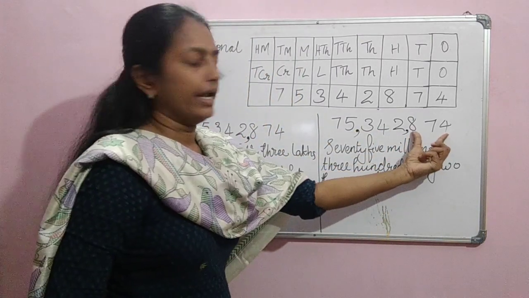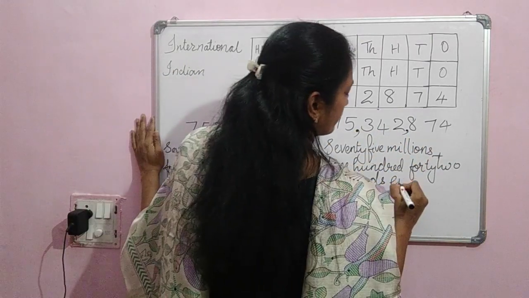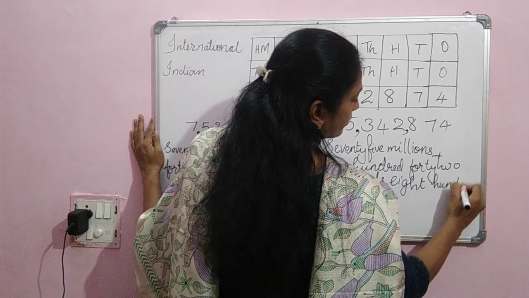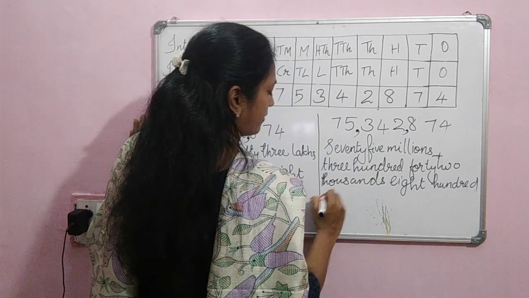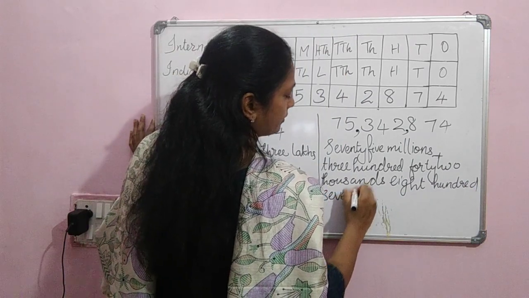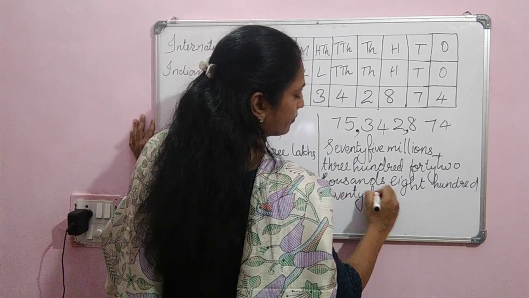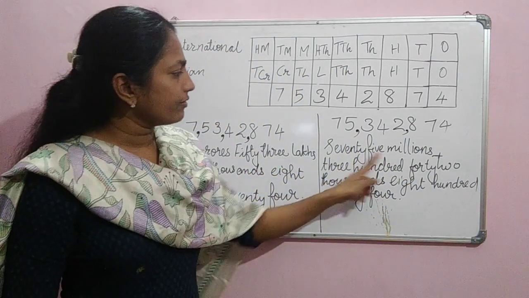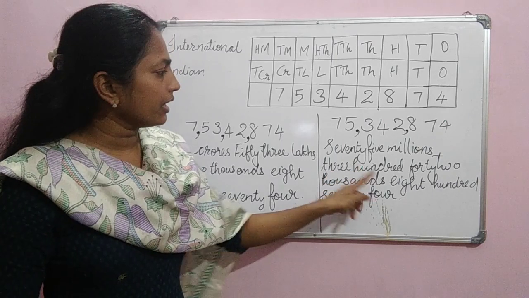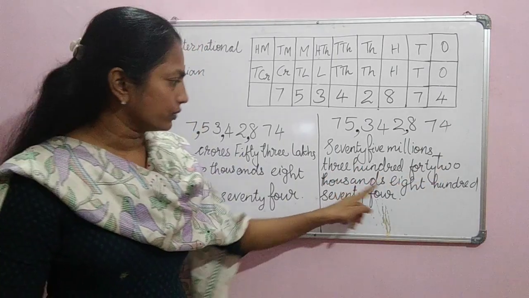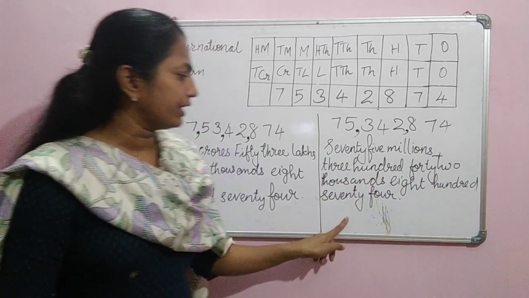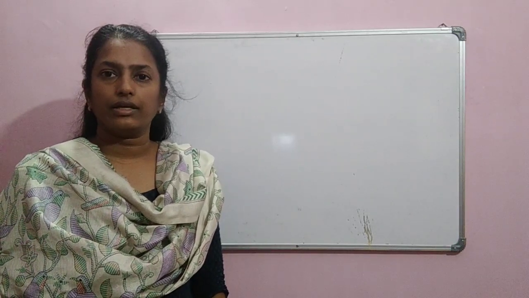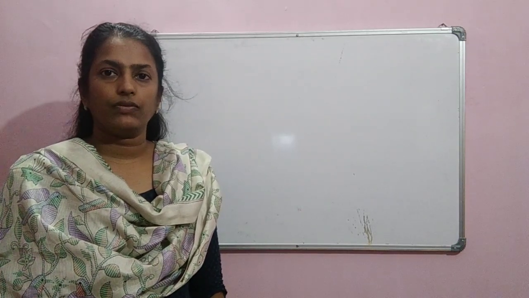And last 874. So 75 millions 342,874. So by putting commas we can easily write the number names. Let's see one more example.